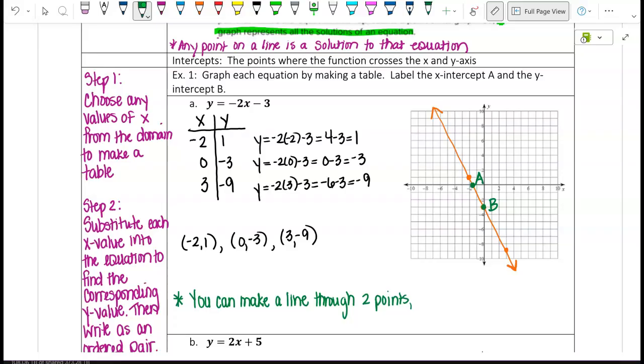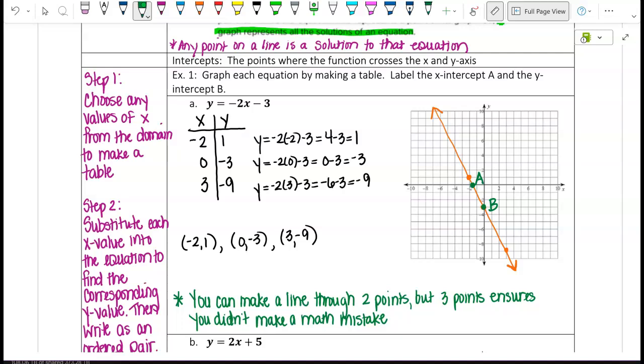But 3 points ensures you didn't make a math mistake. If you only do 2 points and you did bad math on one of those two, you're still going to be able to draw a line through those 2 points, but it may not be the correct line.